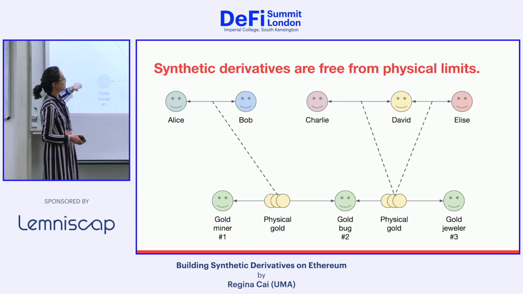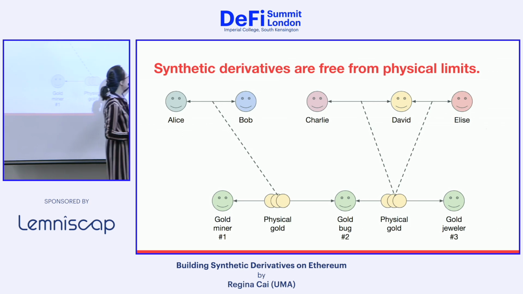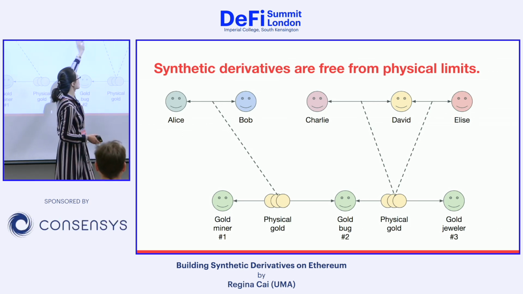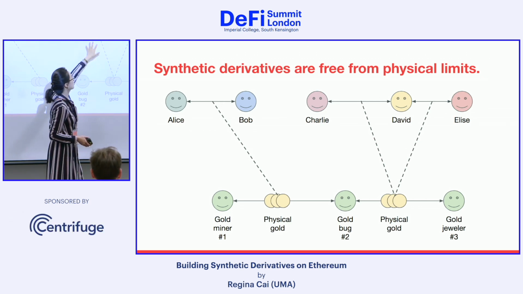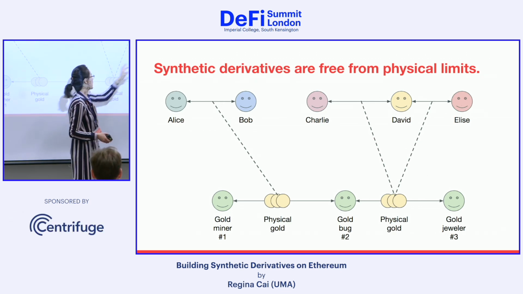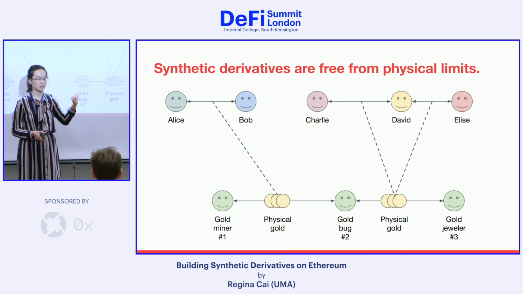So what this enables is, again, if you have someone like David, he can sit in the middle of a trade between Charlie and Elise and manage the risk between Charlie and Elise without actually ever having to touch physical gold. Right?